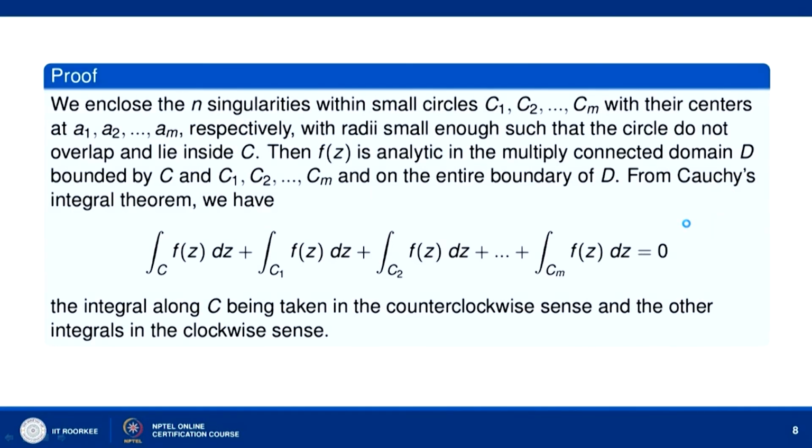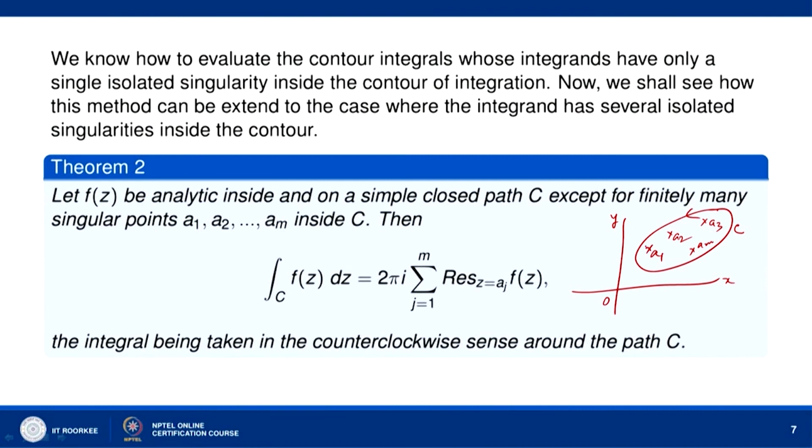Now, what we do is we enclose the m singularities a1, a2, ..., am within small circles C1, C2, ..., Cm. Let us take small circles with centers at a1, a2, a3 and so on up to am. This is circle C1, this is C2, this is C3, this is Cm.